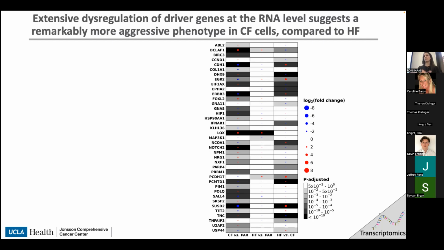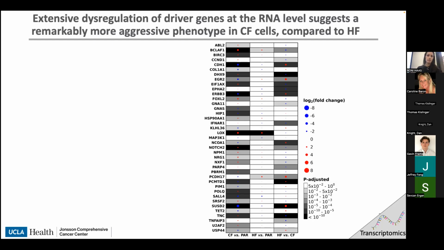Small radiation doses are less toxic to cells, so the cancer cells have better chances to survive. And if these cancer cells have better chances to survive, they can also gain new mutations. These mutations can confer advantages, as we can see here. And the fact that CF has many more rounds of treatment compared to HF also increased the chances to gain these mutations. So for us, it really made sense.